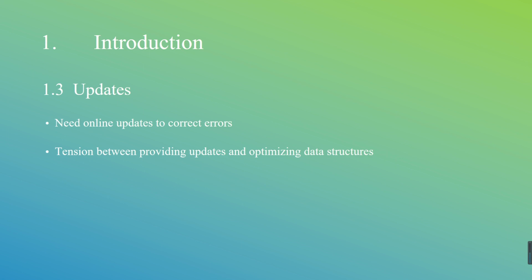In a read-mostly environment, warehouses also need to perform online updates to correct errors. Also, there is a tension between providing updates and optimizing data structures for reading. For example, columns of the data are maintained in entry sequence order.